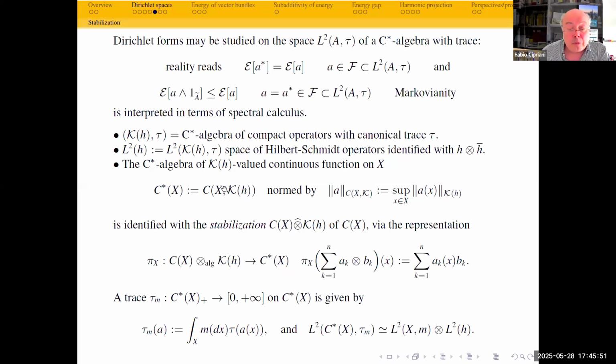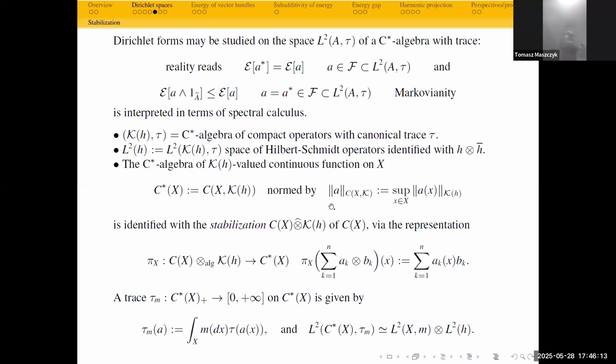And our central object will be the algebra of continuous functions on the topological compact space X with values in the algebra of compact operators. We denote this algebra in this way.